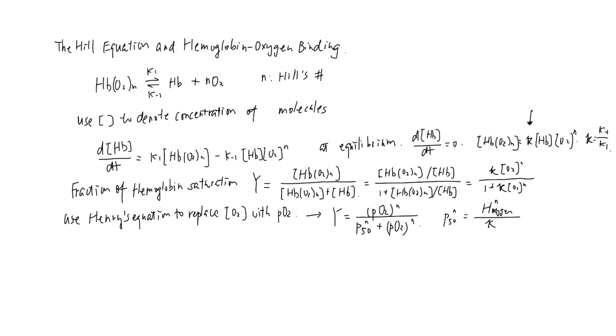You will automatically get a term in the denominator, and we just call it P50 to the power of n. So the P50 represents the partial pressure of oxygen at which hemoglobin is 50% saturated. So the physical meaning of this is the PO2 at which hemoglobin is 50% saturated.